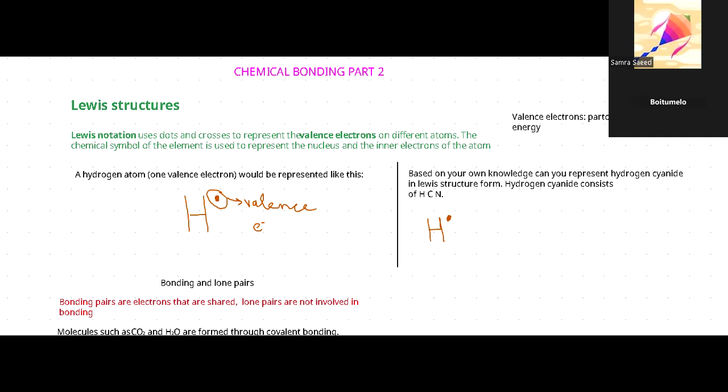So carbon has four valence electrons, and nitrogen has how many? It has five.